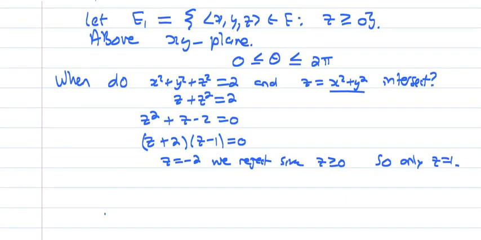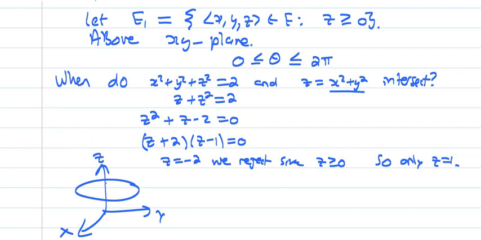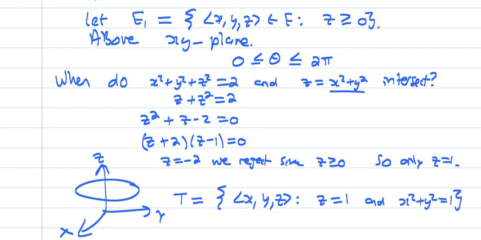So these two surfaces intersect in a circle, let's call it T. So T will be all of the vectors x, y, z such that z is equal to 1 and x squared plus y squared equal to 1. Right? Because x squared plus y squared is equal to z, so z is equal to 1.